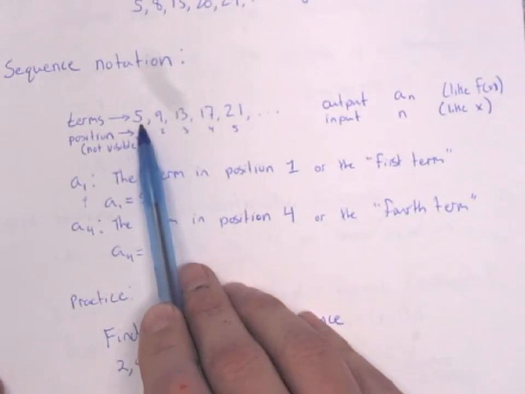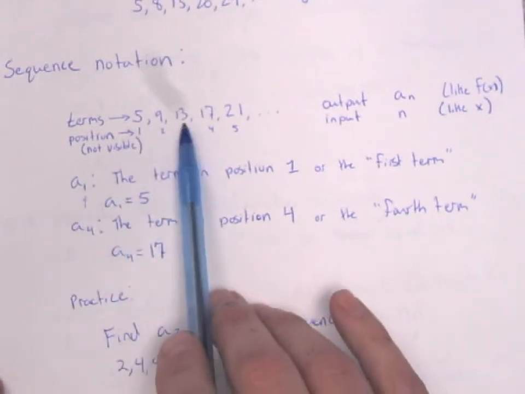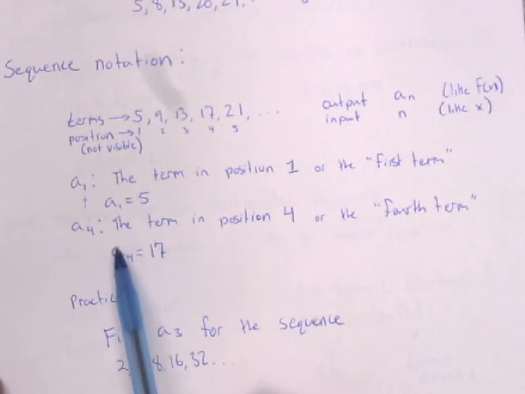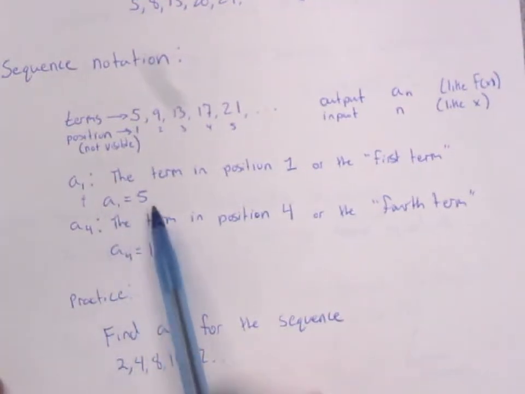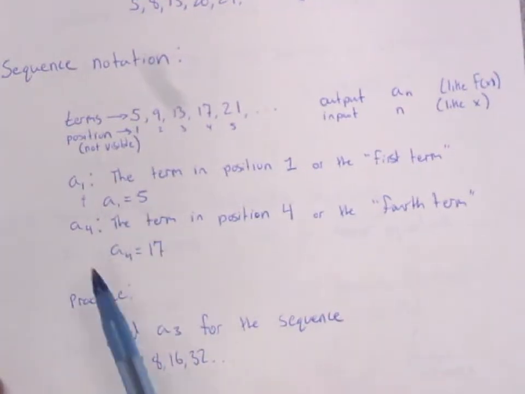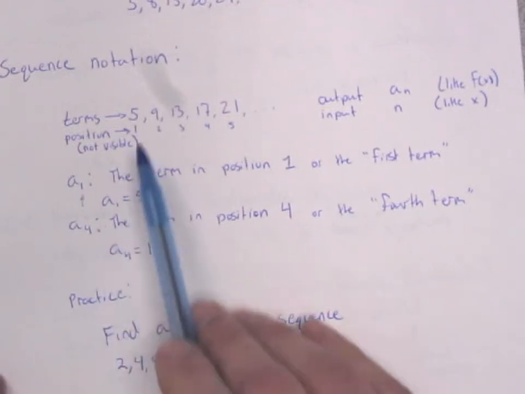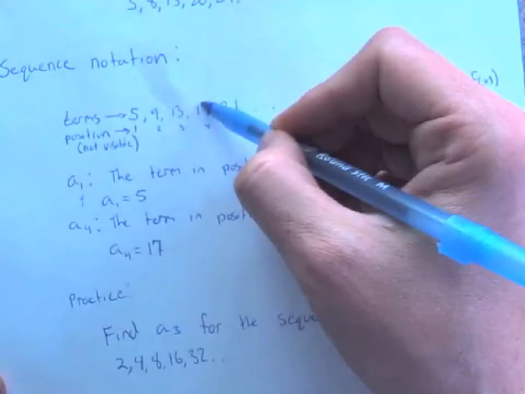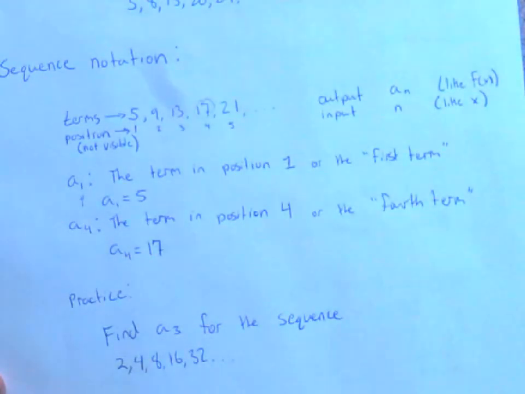What number is in position 1? It's 5. So for this sequence, we would say a sub 1 or a of 1 or a1 is equal to 5. A4 then is asking you for the fourth term, or the term in position 4. So we got 1, 2, 3, 4. Okay, there it is. There's the number in position 4, or the fourth term.